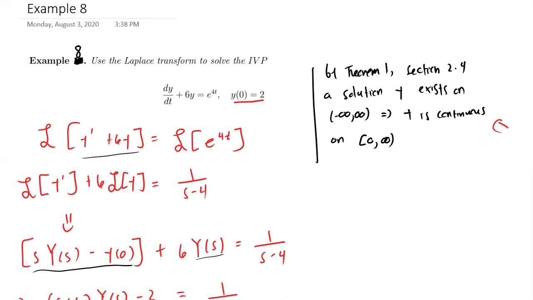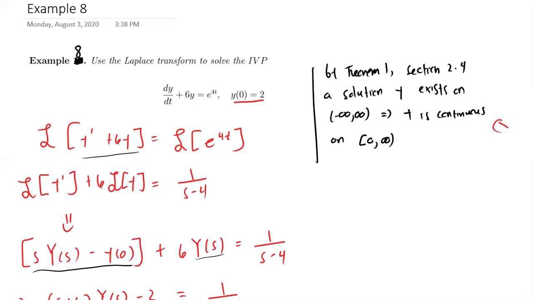What does this mean? There exists a function y whose derivative exists on this interval and that satisfies the differential equation. Since the derivative exists, remember that the derivative existing implies the function being continuous. So that guarantees y being continuous.